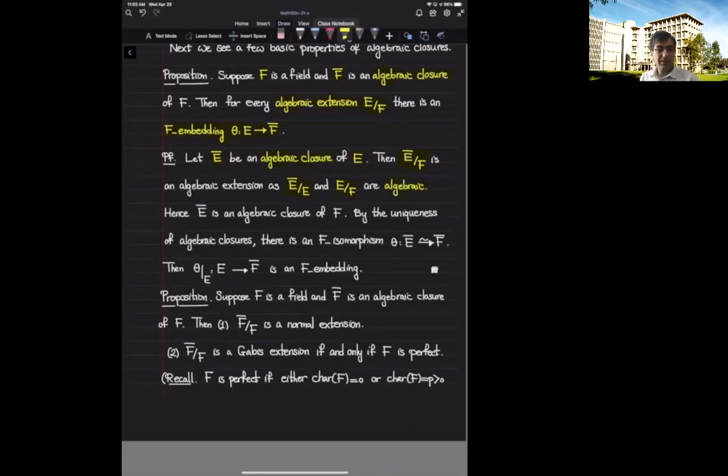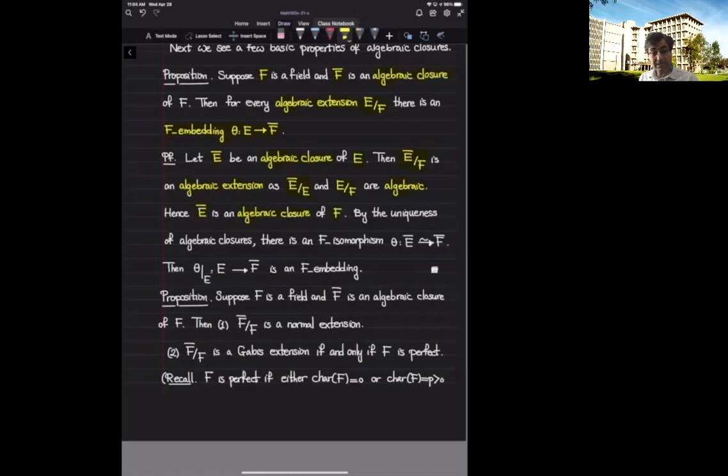Now, a tower of field extensions where all the blocks are algebraic gives us an algebraic extension from the top to the base. So E bar over F is an algebraic extension as we wanted. That implies that E bar is indeed an algebraic closure of the base F.